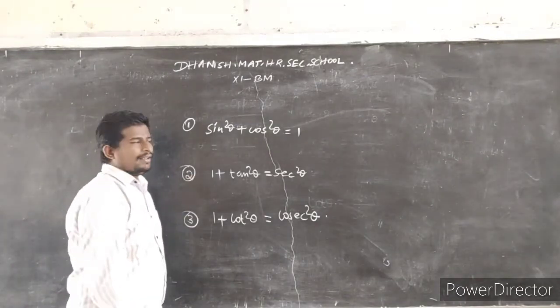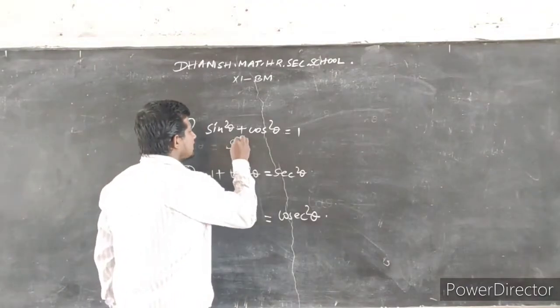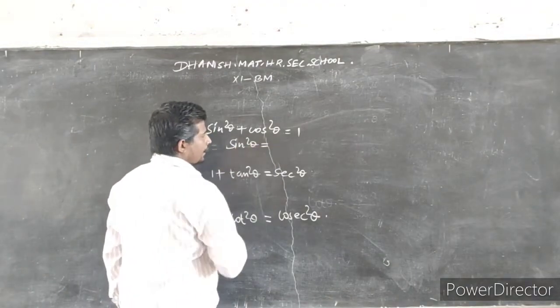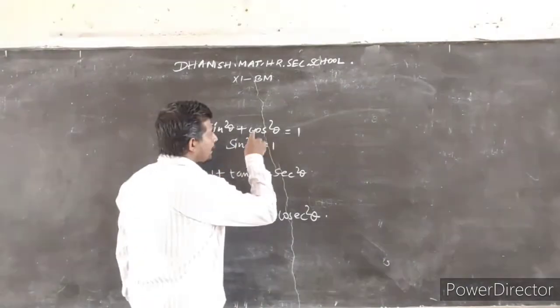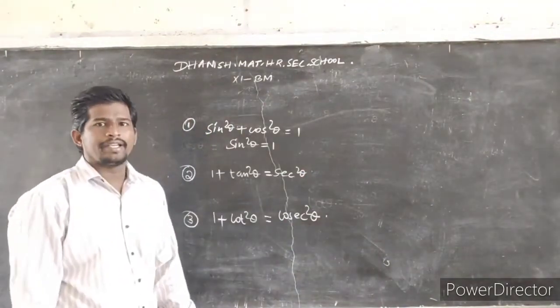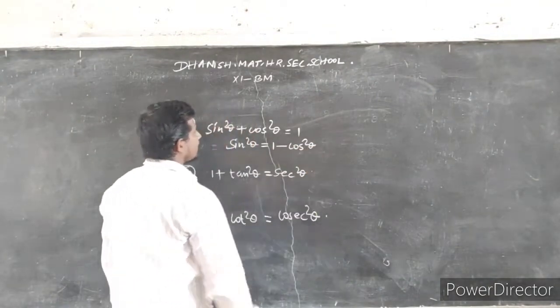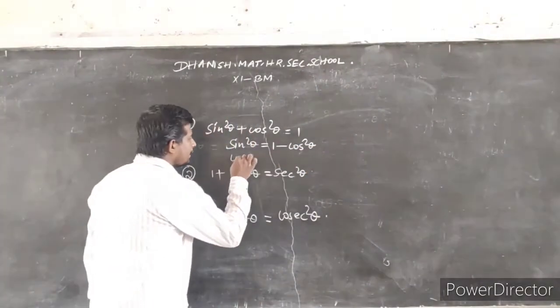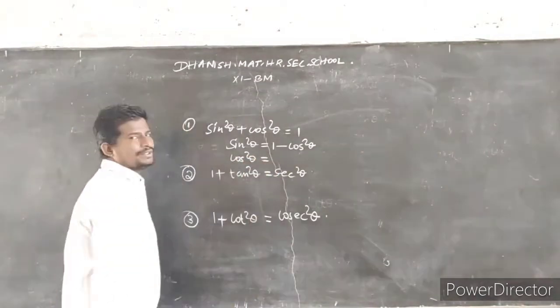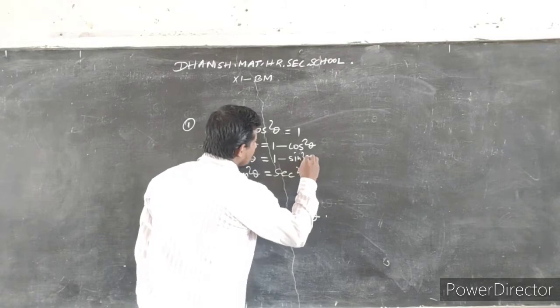Now, from the first identity I am going to write two more identities. From this I am going to find the value of sine square theta. So sine square theta equal to 1, and bringing plus cos square theta to the right side, it becomes minus cos square theta. Similarly, cos square theta equal to 1 minus sine square theta.